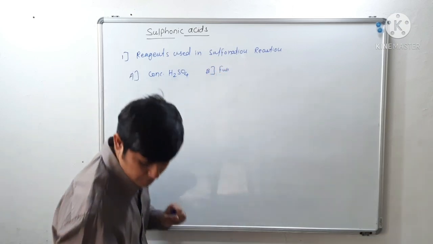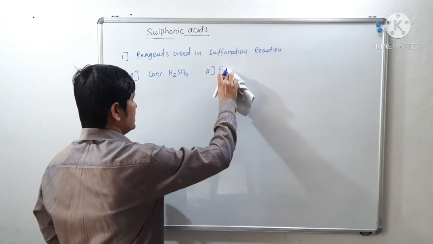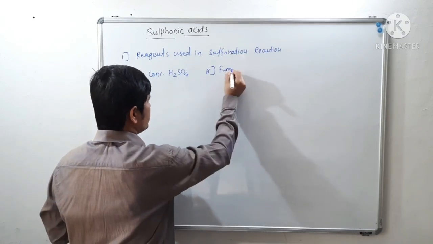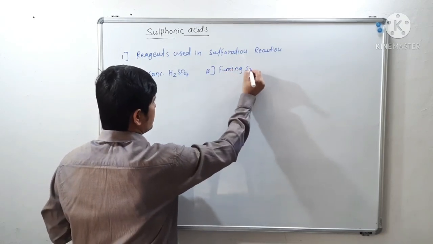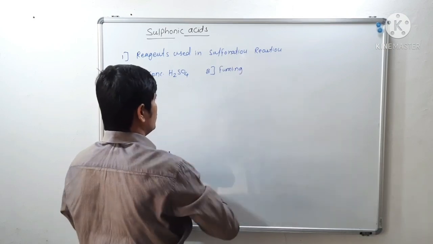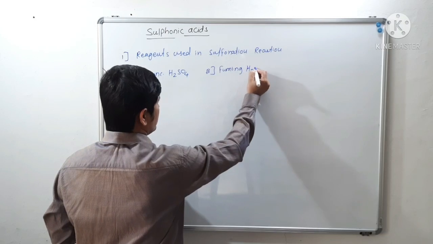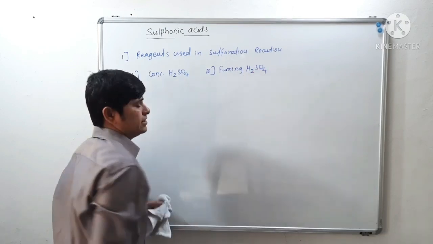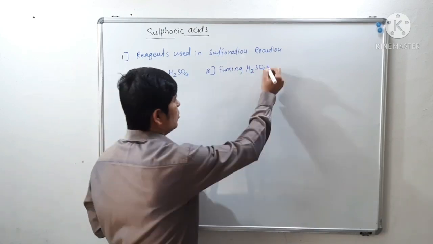The second reagent is fuming sulfuric acid, fuming H2SO4. It is also called oleum.